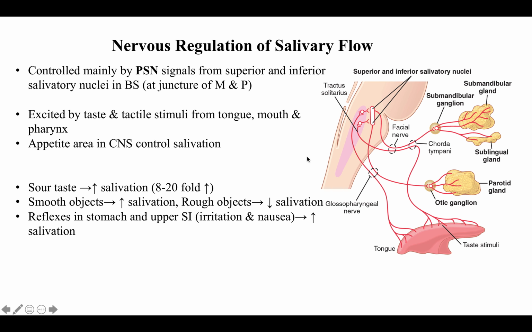So it's important to know that the superior and inferior salivary nuclei are the controlling centers for the salivation, in addition to the appetite center within the central nervous system.